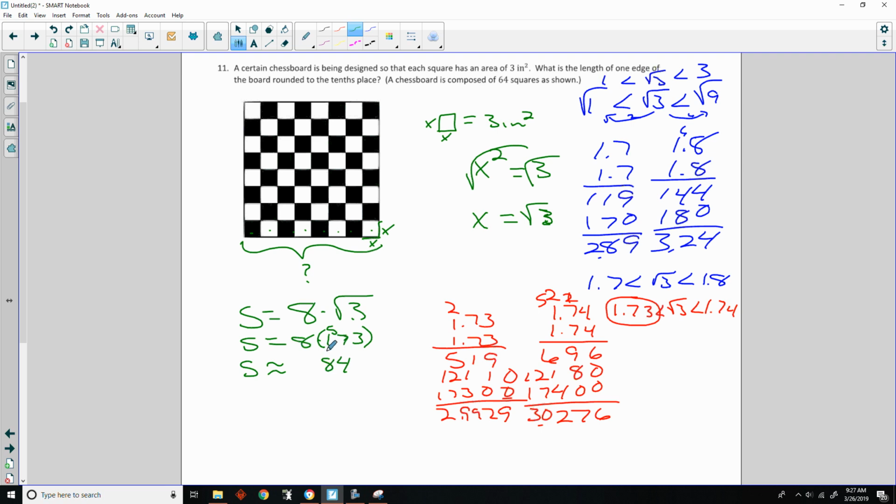And 8 times 1 is 8 plus 5 is 13. So now I have 13.84, rounded to the 10th, and I get S is 13.8, where before I had 13.6. So you're going to get a more accurate answer if you use the number you found and then round on your last step. So let's do that. The answer is 13.8 approximately.